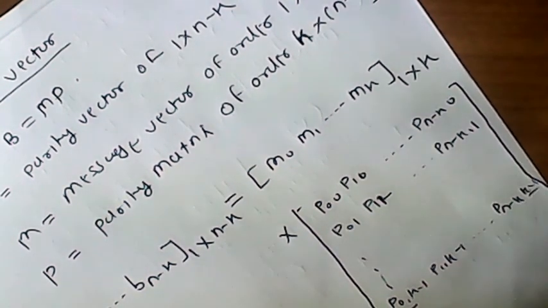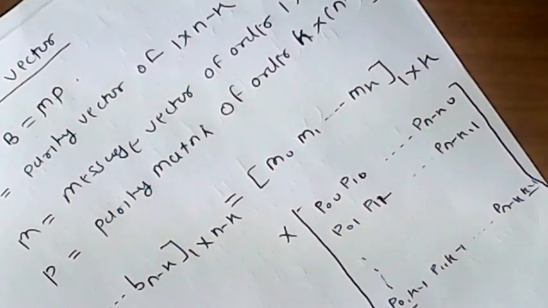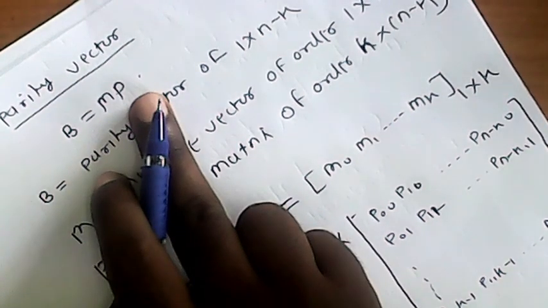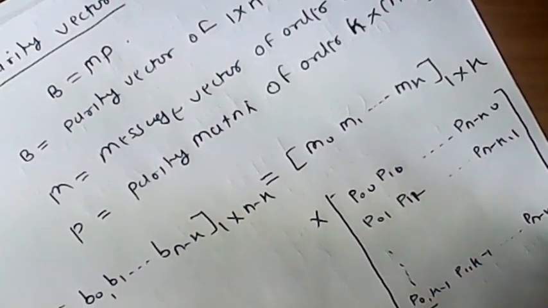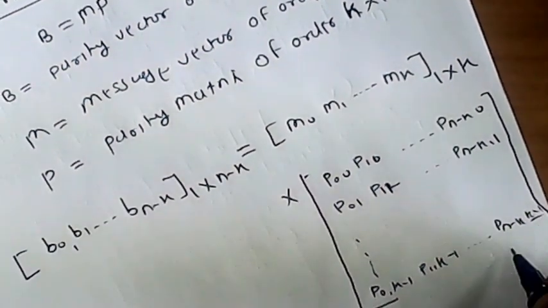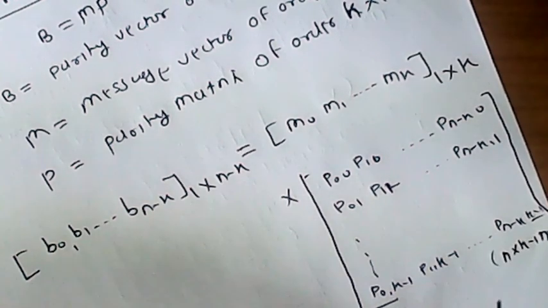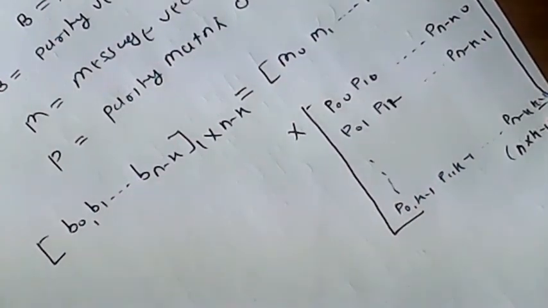So this is the dimension which represents your parity vector as message vector times parity matrix, and the parity matrix is of order k into n minus k. So this is a very important equation.